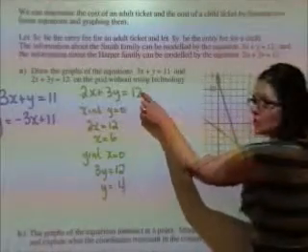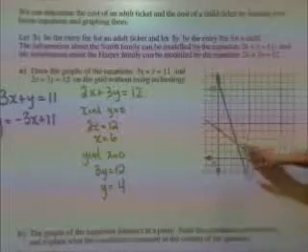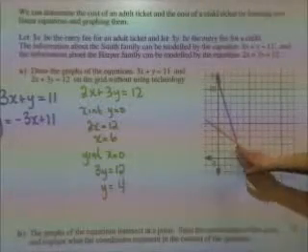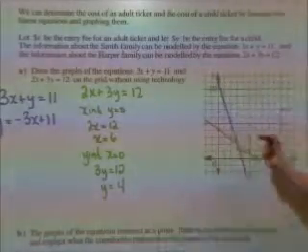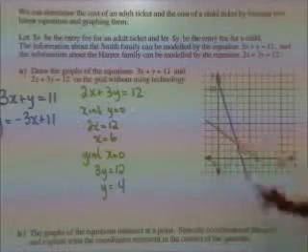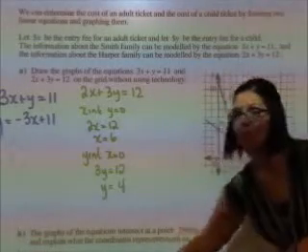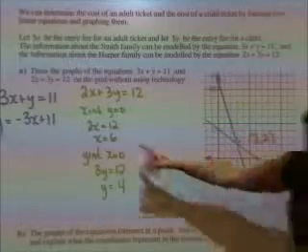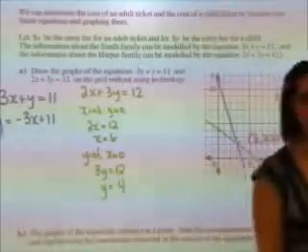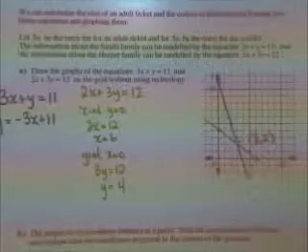So this point right here, what are the coordinates of that point? 3 and 2. And that point appears on both lines. If I plug it in, 3 times 3 is 9, plus 2 is 11.